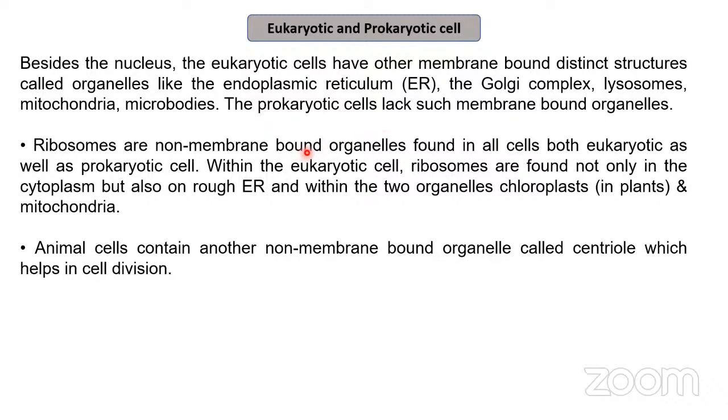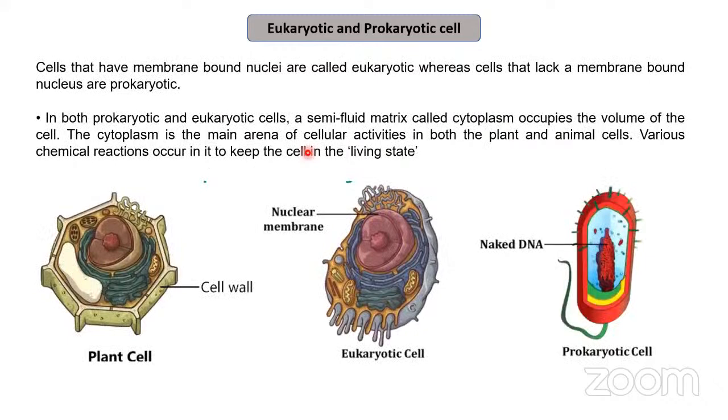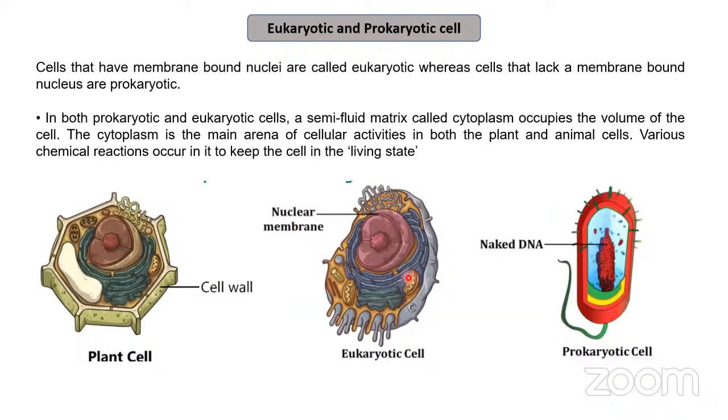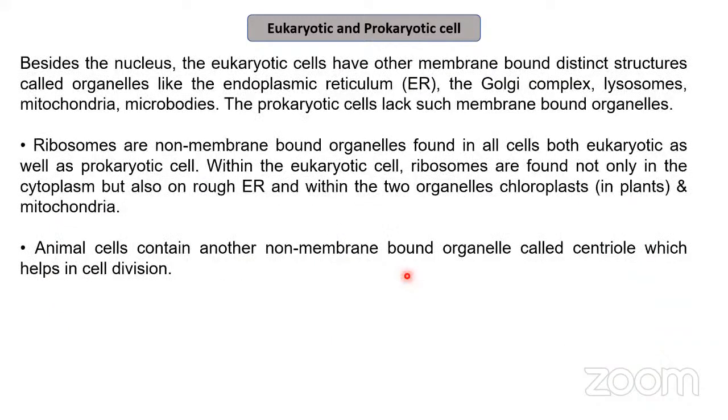Ribosomes are present in both. As I mentioned, ribosomes are the universal organelle present in both prokaryotes and eukaryotes. They are non-membrane bound organelles found in all cells. Within eukaryotic cells, ribosomes are found not only in the cytoplasm but also on the surface of the endoplasmic reticulum. This we will discuss in later lectures when we study animal and plant cells in detail.